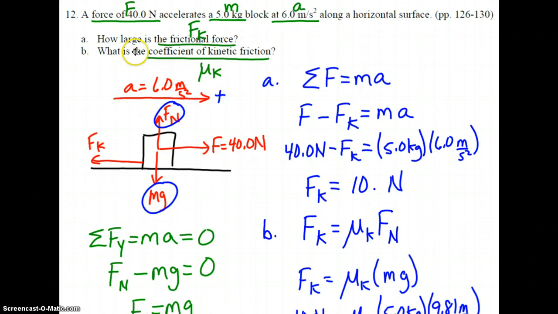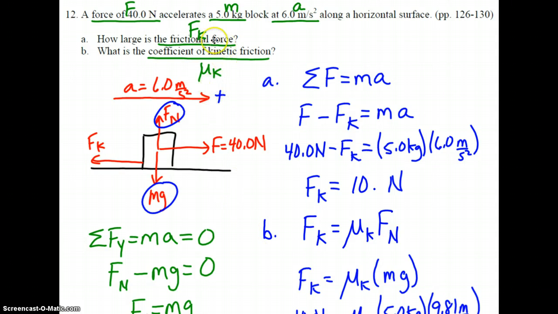How large is the frictional force? Since it's moving, we identify that to be the force of kinetic friction. And B, what is the coefficient of kinetic friction? We'd label that mu k.